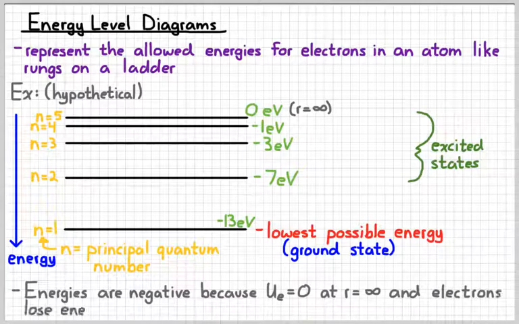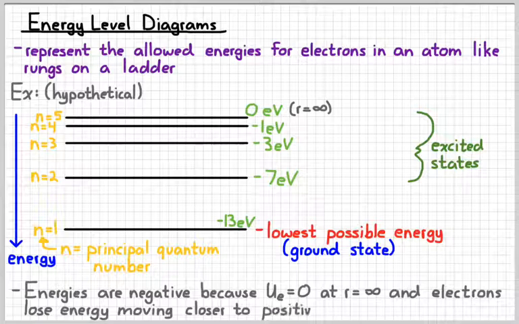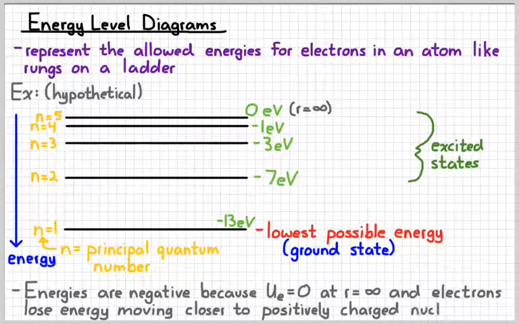And remember that electrons will lose energy as they move closer to a positively charged nucleus, because they're attracted. So that's why those energies are negative. It's not so much important that we know what the actual energies are, because as it turns out, it's the energy differences that are important. That's a general rule we've seen in physics over the last 2 years.